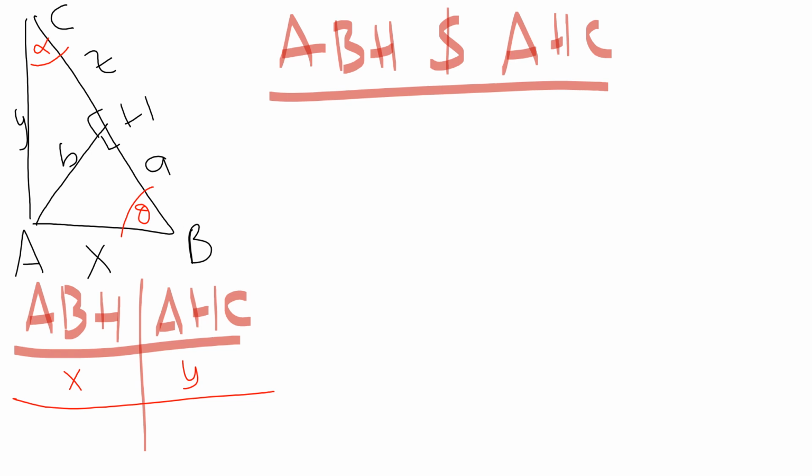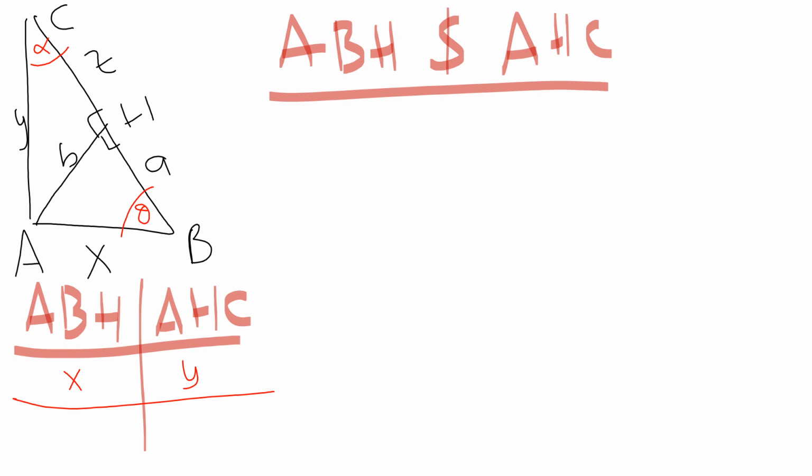Now let us go to the opposite. Or let's first of all talk about the adjacent. We need an angle, not necessarily a unique angle. Let's just deal with theta and alpha.